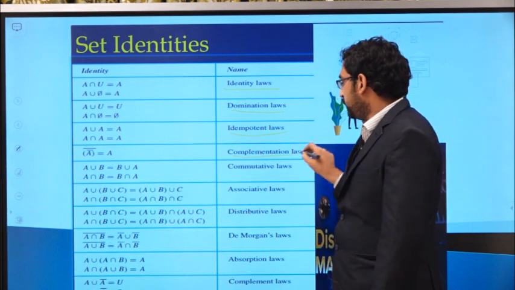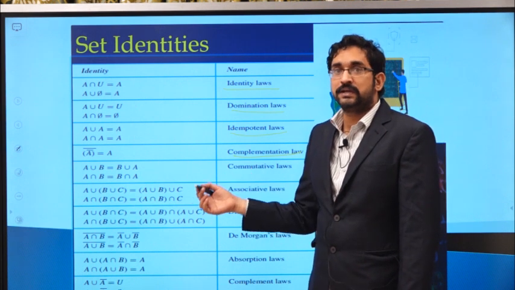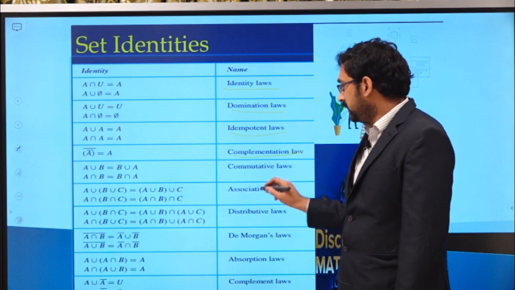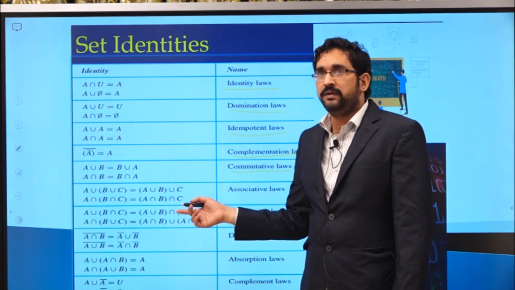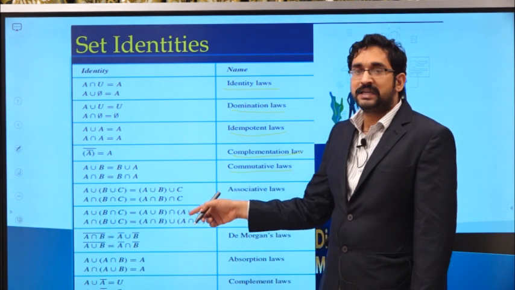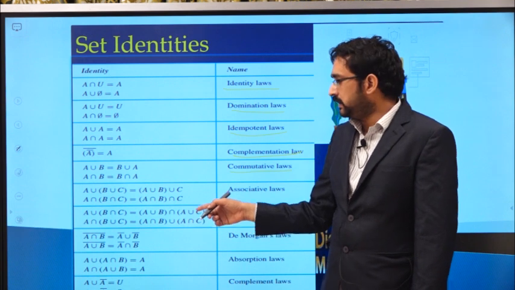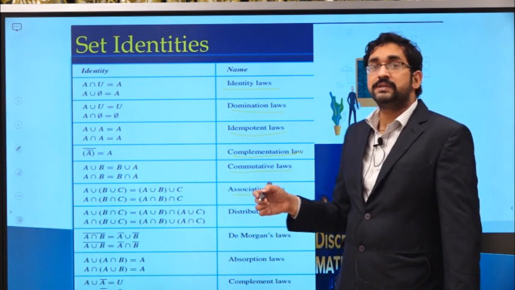This is the complementation law. Next, A union B equal to B union A, and A intersection B equal to B intersection A. These are commutative laws. A union of B union C equal to A union B union C, and A intersection of B intersection C equal to A intersection B intersection C. These are associative laws.